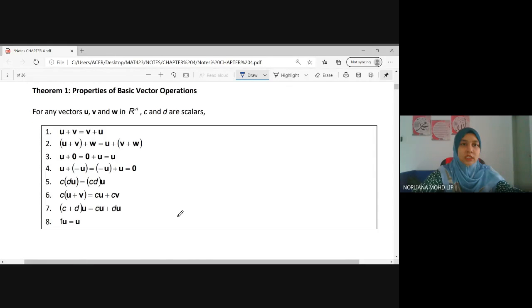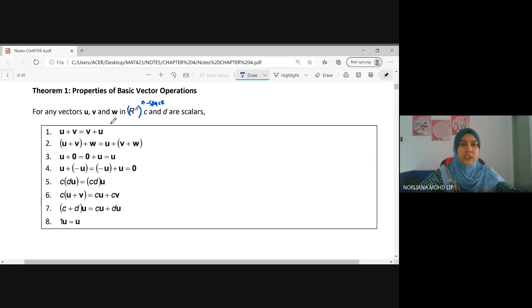For any vectors u, v, and w in R^n, or vectors in n-space, c and d are scalars. Using these properties, we have to prove the left-hand side equals the right-hand side. Number 1, u plus v must equal v plus u.